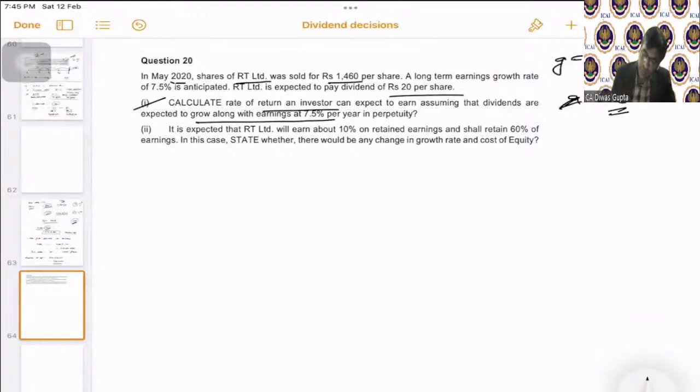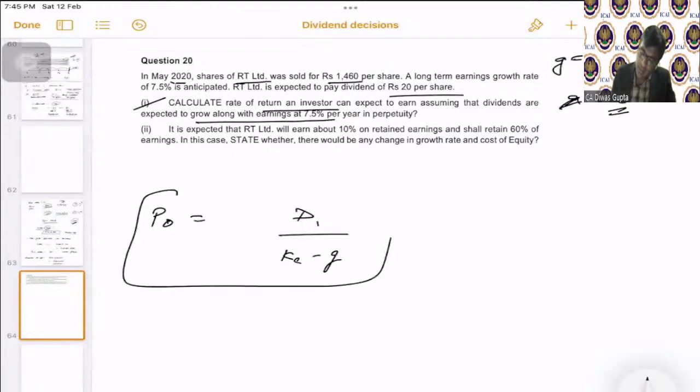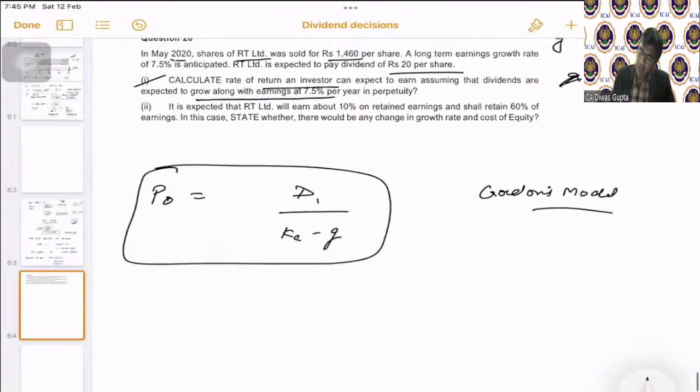Now, students, we know that P0 is equal to D1 divided by KE minus G. This is the formula that we already know, right? This is the relationship as per Gordon's model. Can we put all the numbers here? 1460 is the price. D1 is what? 20 is the current dividend.